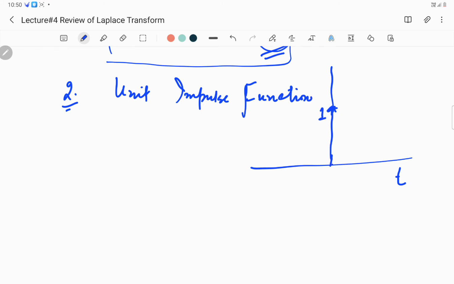This function is 0 everywhere except at t equal to 0, where it has a value. So this function can be written as del of t is equal to 0 for t not equal to 0. It is 0 everywhere except at t equal to 0.